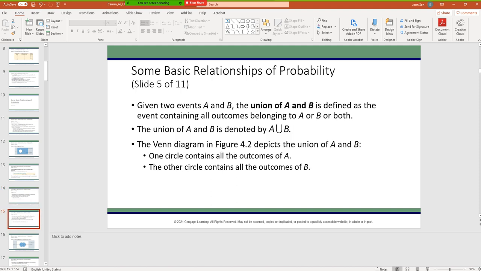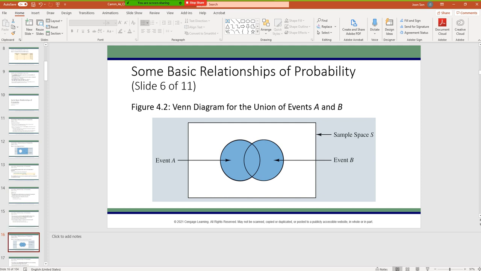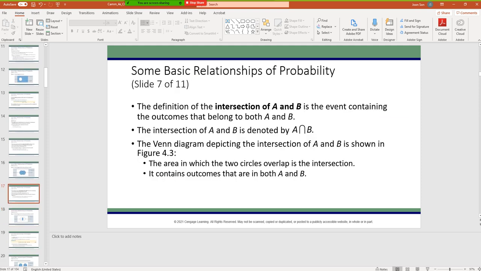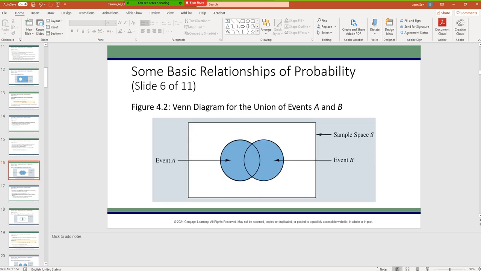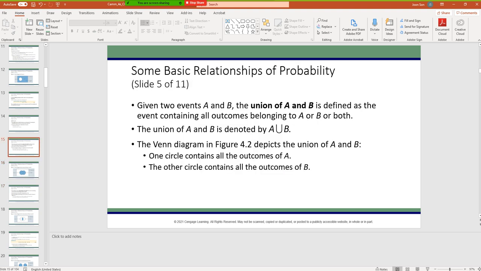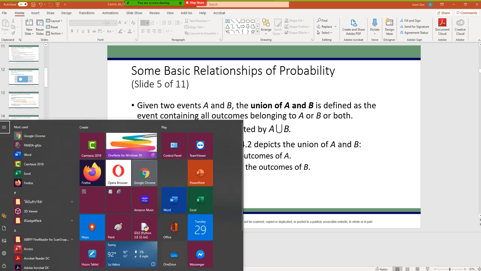And then for addition, first I want you to look at this Venn diagram. This is a sample space, and this is event A and event B, right? And the intersection is noted as A. Okay, you know what? I have to use the OneNote.